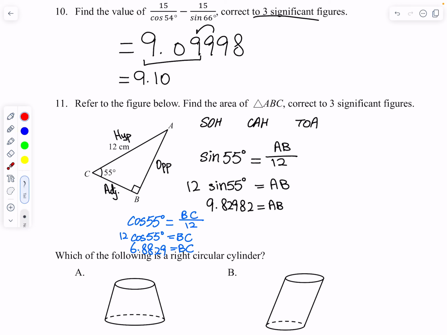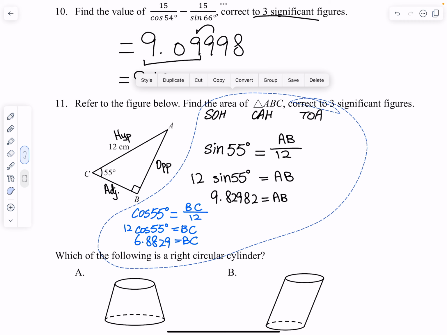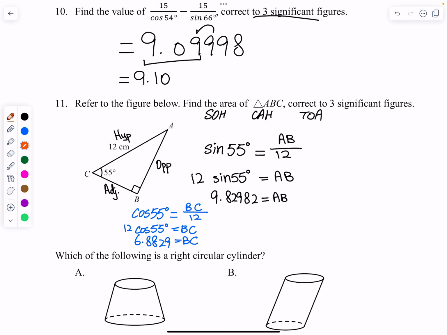So now you have the AB line, you have the BC line, right? How do we find the area? Area is base times height divided by 2. So what is base? BC. So area is base times height divided by 2.